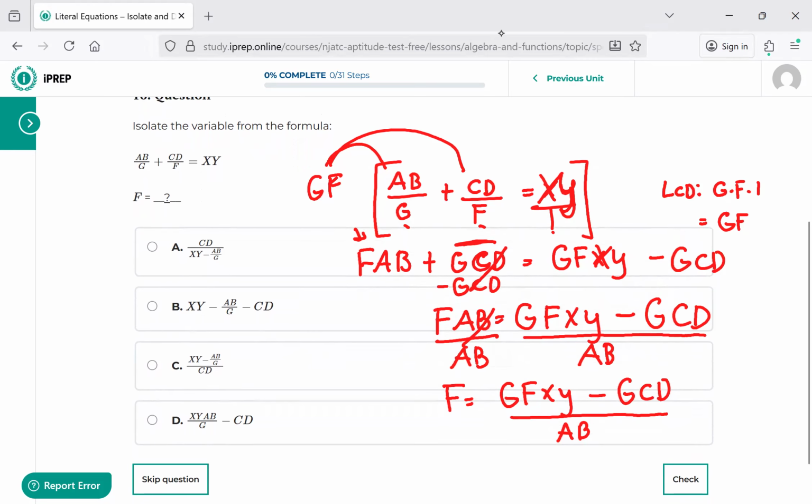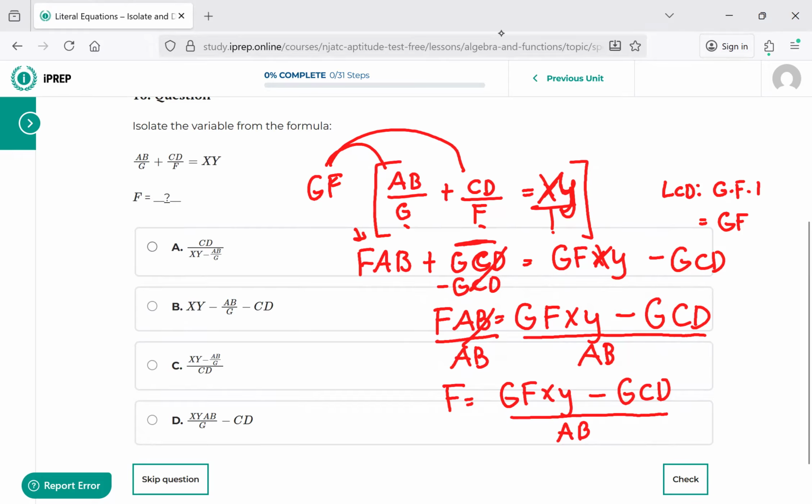Which one of these could be, if I divide everything by AB? Yeah, I multiply everything by GF, so this G cancels, so you're left with FAB, and then F cancels, so you're left with GCD equals GFXY.